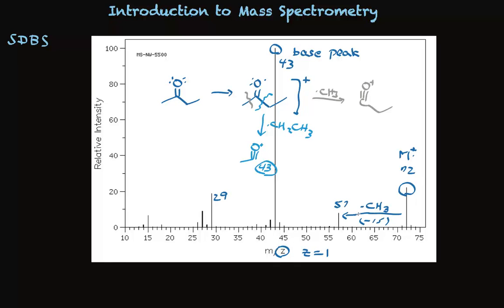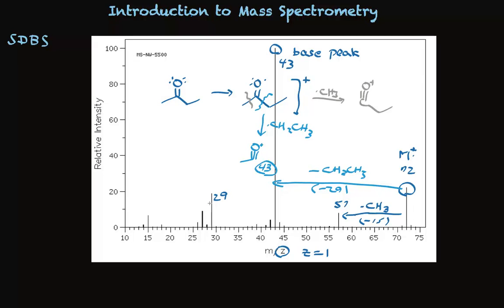And that makes an ion by loss of methyl that has a mass of 57, or an ion by loss of ethyl, minus 29. And oh look, we see a little bit of 29, where the positive charge actually remained with the ethyl group. And so we'd see that ion as well.